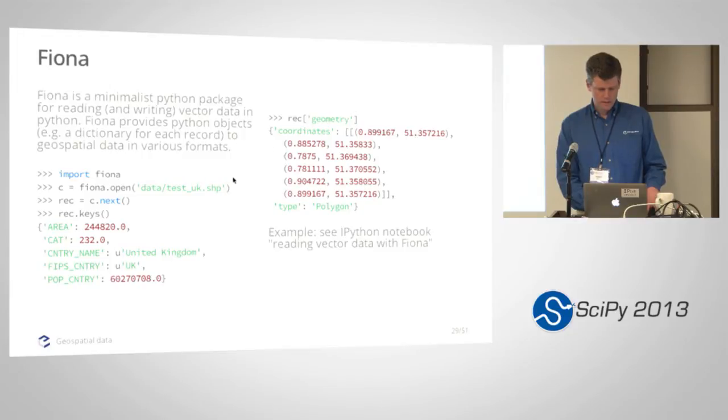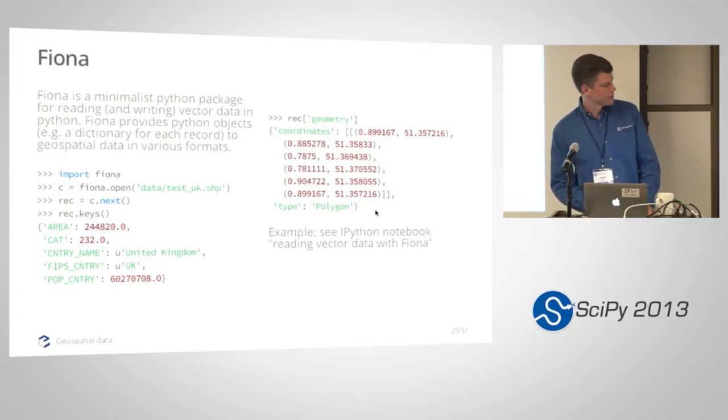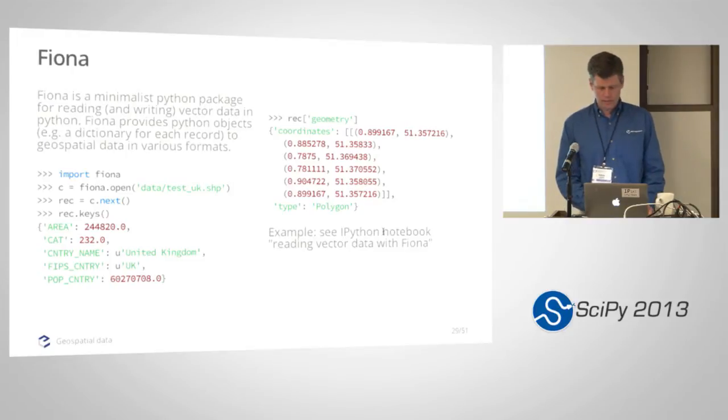I think those are properties, and that doesn't actually match up, so we'll see an example here. But you can extract the coordinates directly as a list of tuples. In this case, it's a polygon in the geometry.